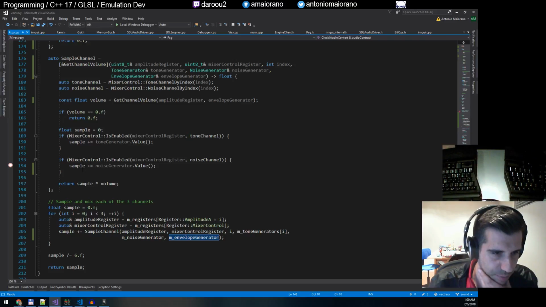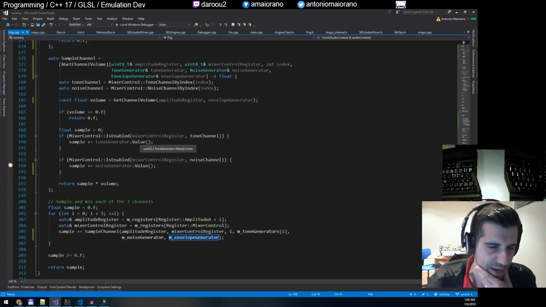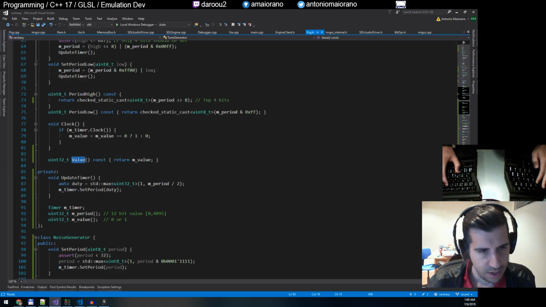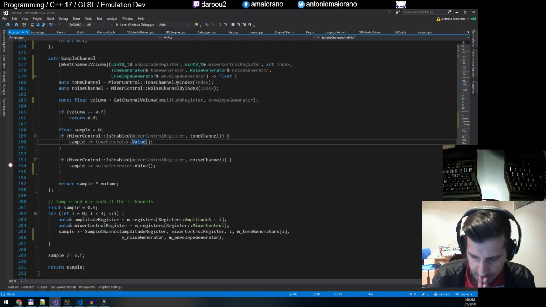See, here we're just doing a plus equals for the noise generator. And maybe what we really want to do is get back this value which is a 0 to 1 value. Yeah. So that's it. It's kind of like if it's already on, it's on.